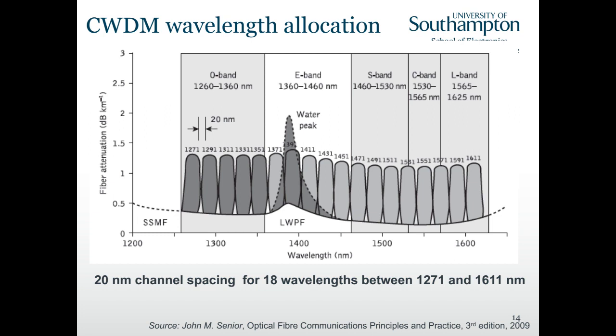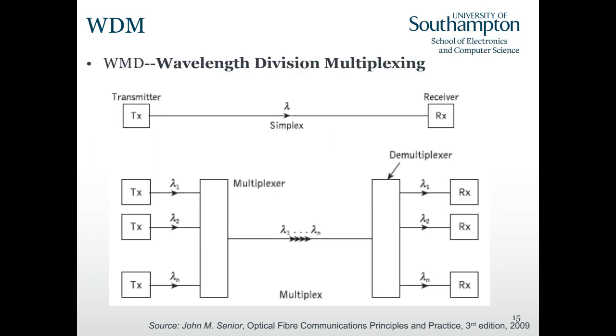But your TV is capable of receiving all signals, all channels. So how does WDM work? We need to modulate signals onto different wavelengths, and then multiplex them together, and then transmit. And then at the receiver, we use a demultiplexer to separate different wavelengths.